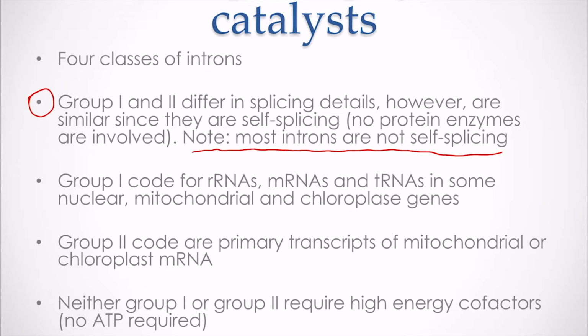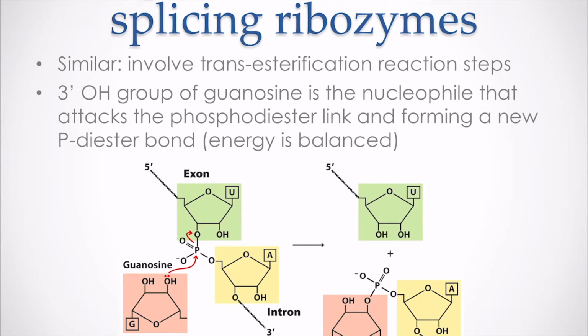Now, group 1 is going to be important for ribosomal RNAs, transfer RNAs, messenger RNAs. Group 2 are usually going to be in mitochondria and chloroplasts. So these are going to be for our cells in the mitochondria. And again, there is no ATP required. These guys are self-splicing. So these are themselves ribozymes.